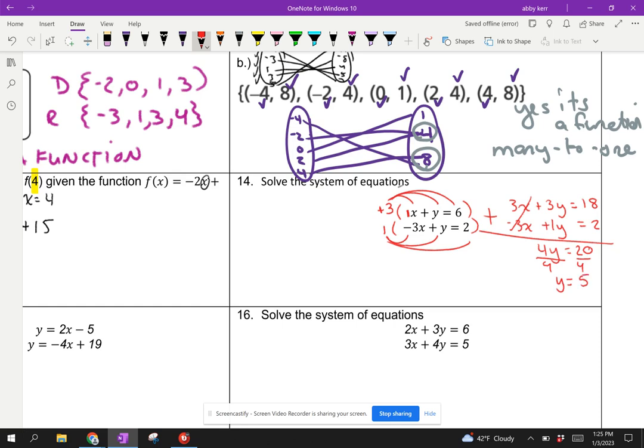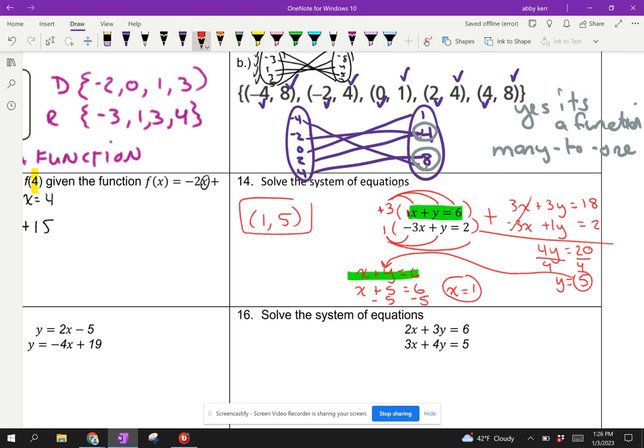So y equals 5. Now you're allowed to pick the easier equation. I will just pick the first one. So I have x plus y equals 6. And now we're going to replace our x or our y value. And now it's a 1 step. So we have x comma y, which is 1 comma 5.